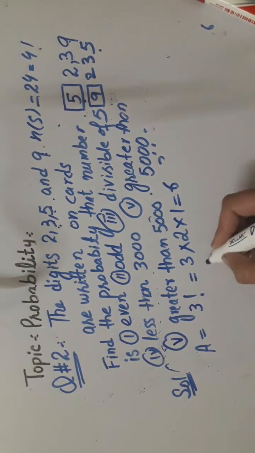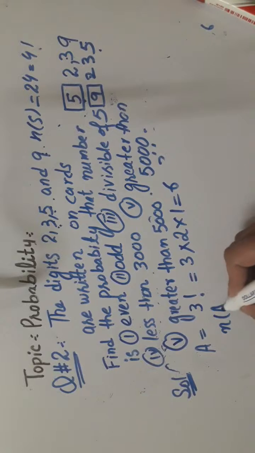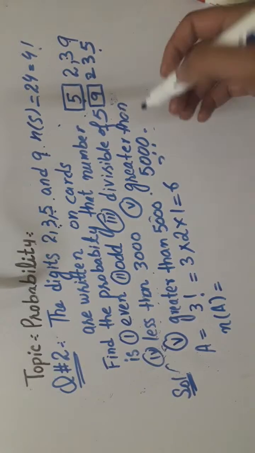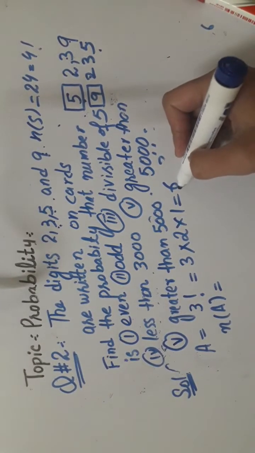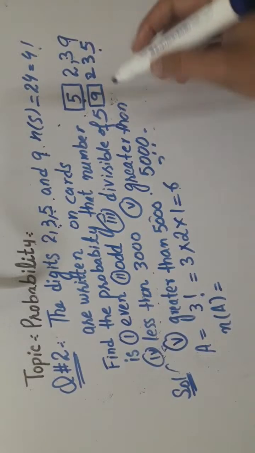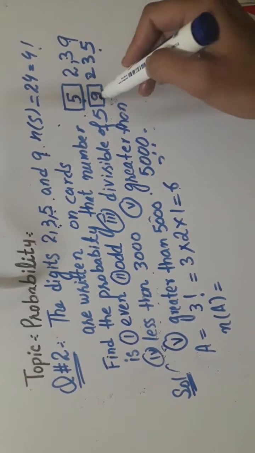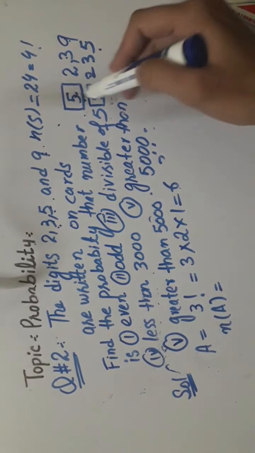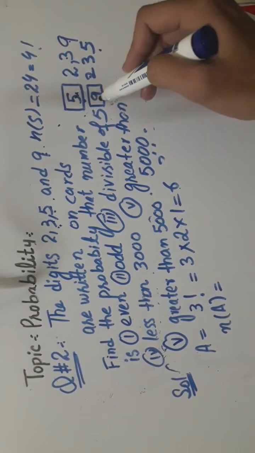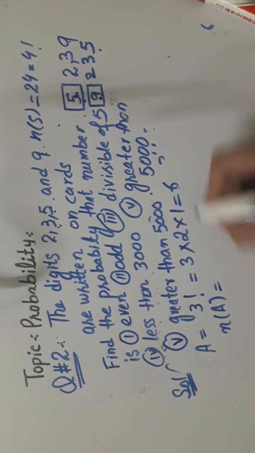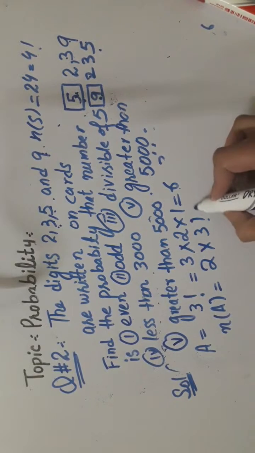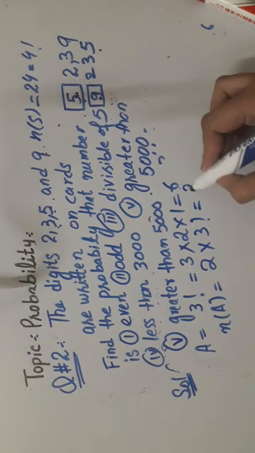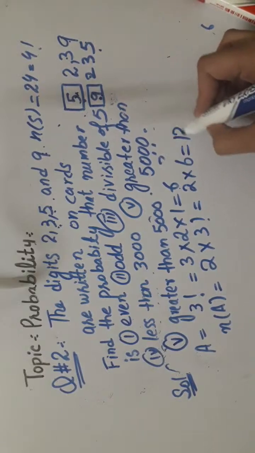Now, the total number of elements in event A: you have 6 in total, but 2 combinations are made. You can use 5, you can use 9 in the first digit. So, you will write 2 multiply by 3 factorial. It means 2 multiply 6, which is equal to 12.